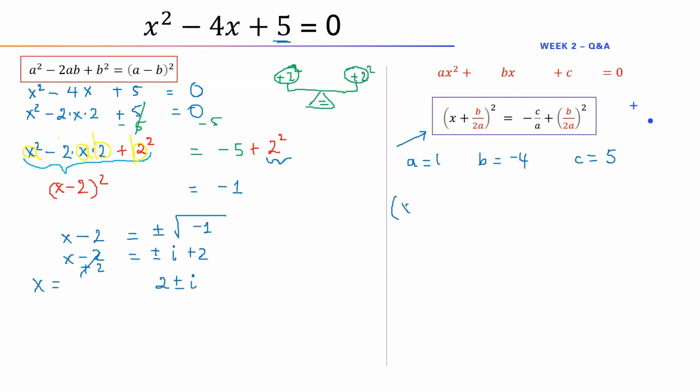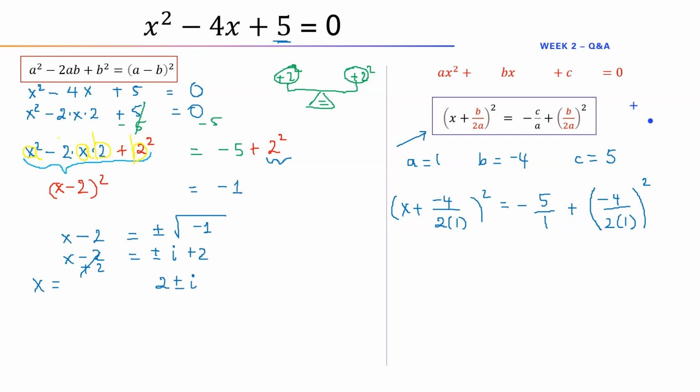So we have x plus b is negative 4 over 2 times a is 1, all squared equal minus c is 5 over a is 1 plus negative 4 over 2 times 1 squared.